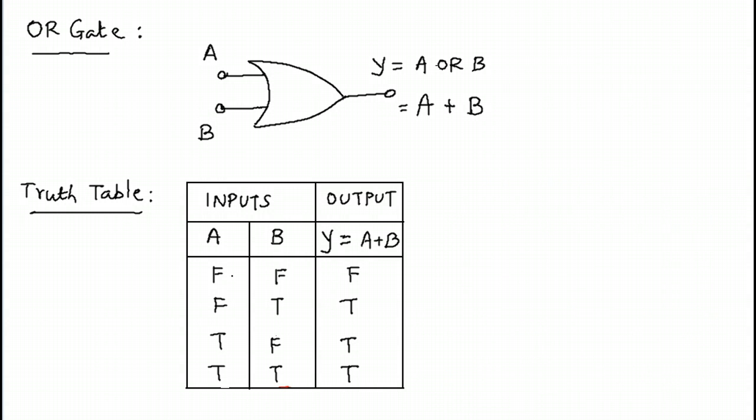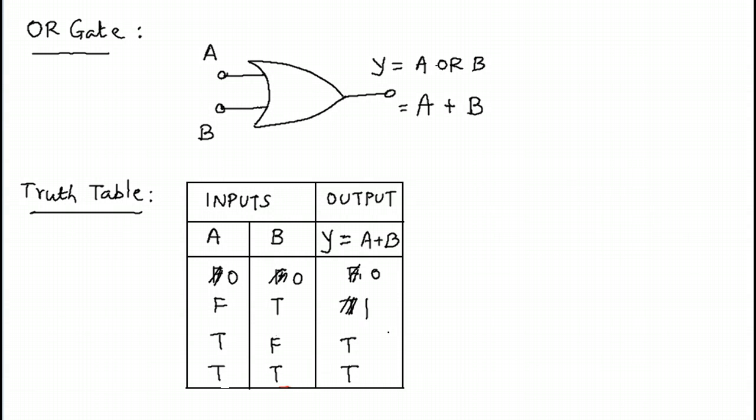So all that remains now is to express this truth table using ones and zeros. So as usual, we will replace falses with zeros, and we will replace trues with ones.